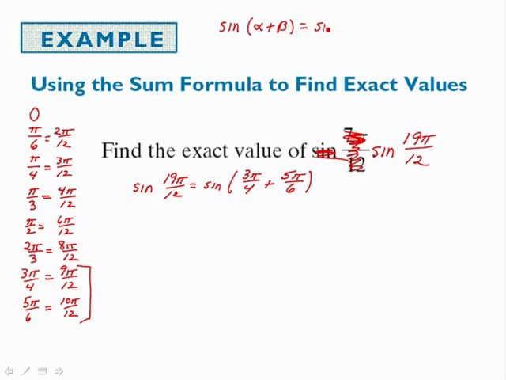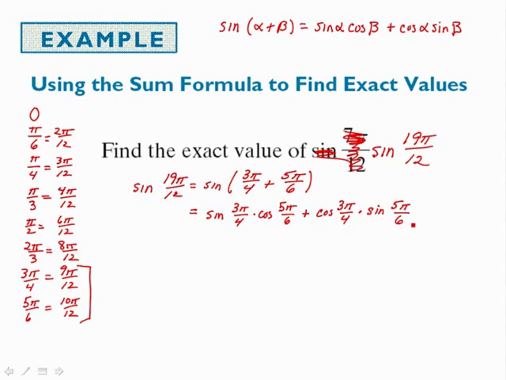Sine of alpha plus beta: sine of the first, cosine of the second, plus cosine of the first, sine of the second. So we're going to have sine of 3 pi over 4 times the cosine of 5 pi over 6 plus cosine of 3 pi over 4 times sine of 5 pi over 6.